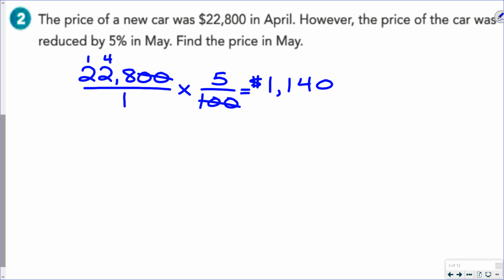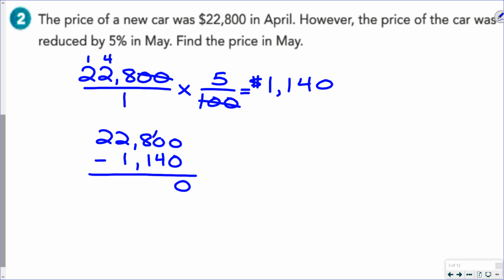Now again, that is not the price that you would be paying for the car. That is how much the car is reduced. And since it's reduced, we want to take our original and subtract, because we're reducing the price. And we would get a selling price of $21,660.